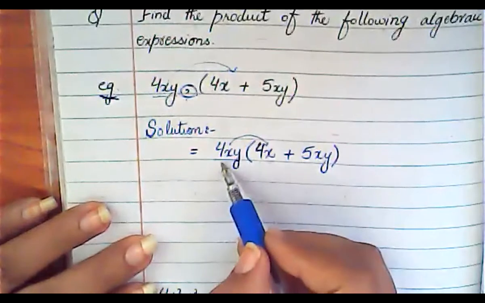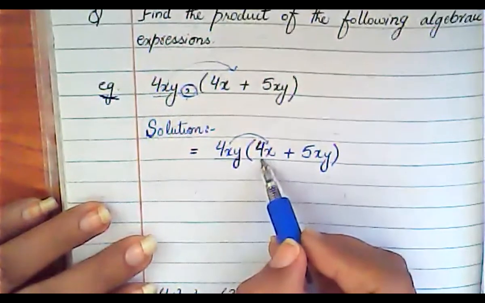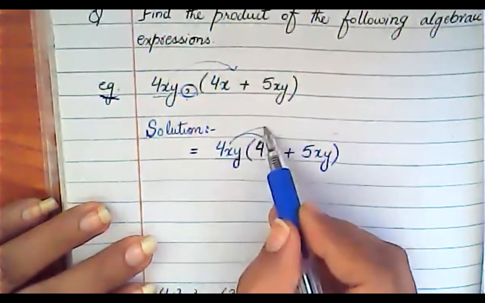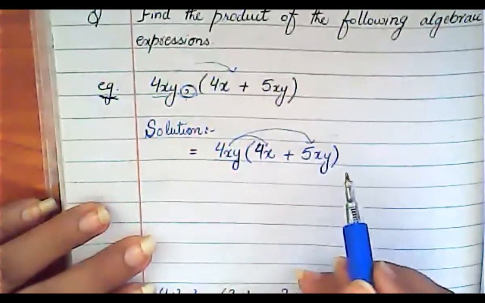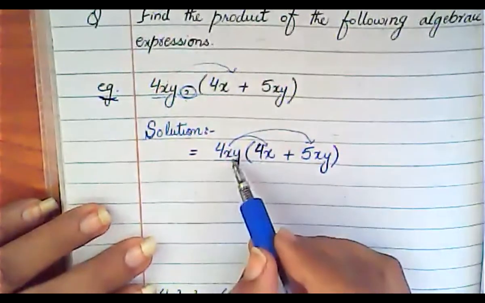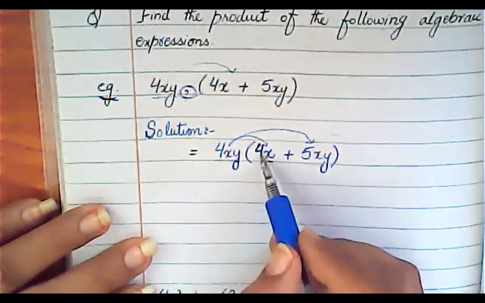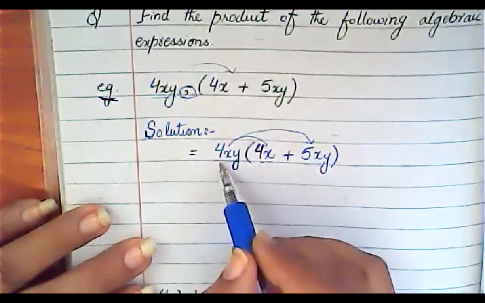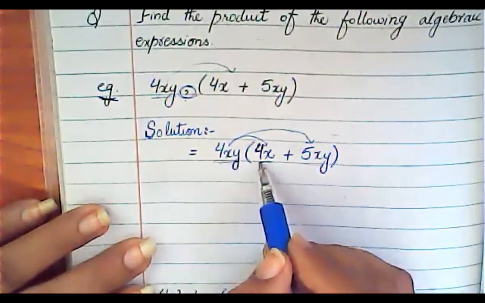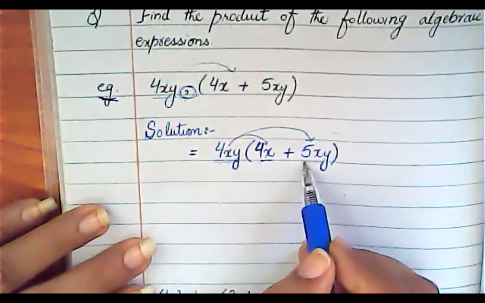It means you are going to multiply this 4xy with the 4x, as well as with the 5xy, right? 4xy should be multiplied with both the terms written inside the bracket. The bracket explains that you are going to multiply this single term with the terms which are present inside the bracket.